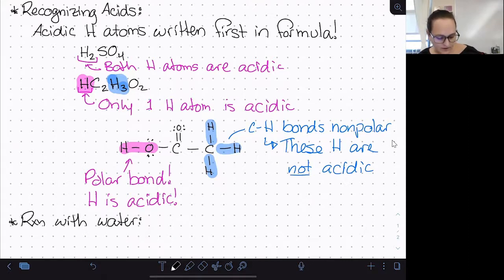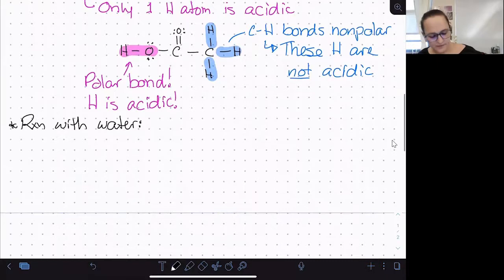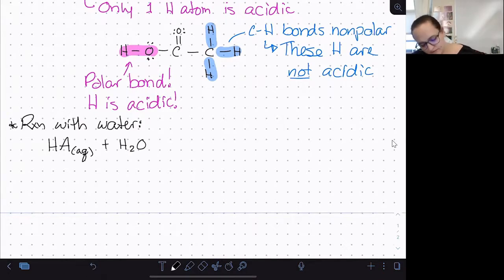So I'm going to use a generic representation of an acid, HA. So A for acid, H because we need a hydrogen in there. So when this is in aqueous solution, this reacts with the water that is in there.